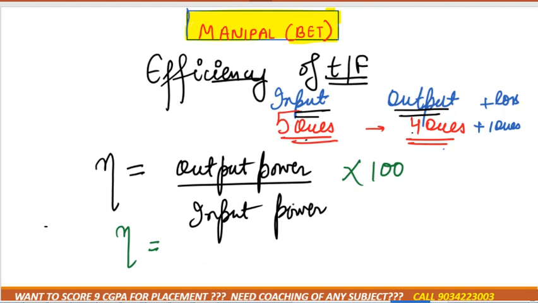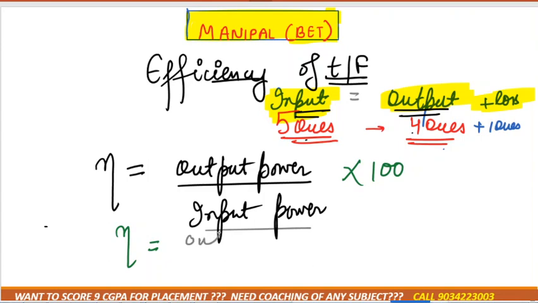As you know, this will become a formula: input is equal to output plus losses. What does that mean? Whatever we give in is not all converted into output, there will definitely be some losses. Suppose you are using a fan. In the fan you give input, that is electrical energy, and it is converted into mechanical energy, it starts rotating, that is output, and some losses will be there. So can we say that input power is equal to output power plus losses?